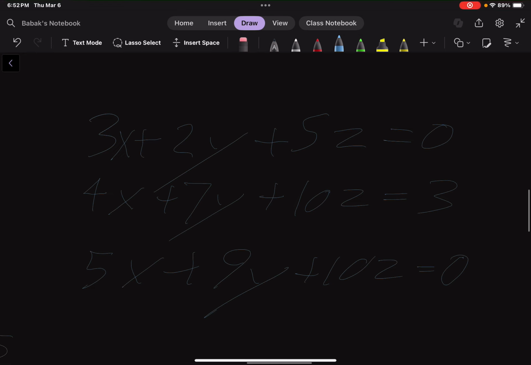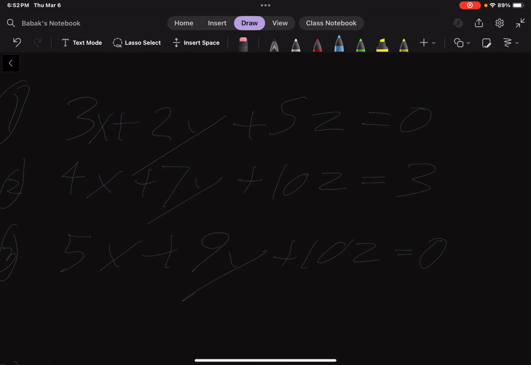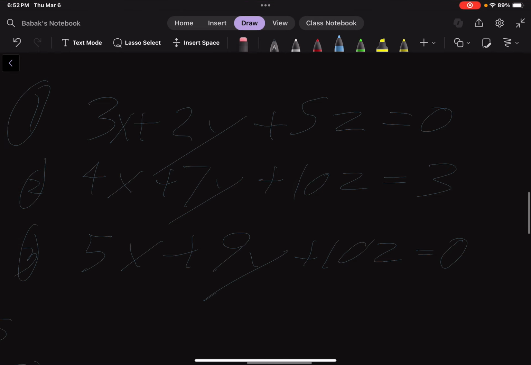Now, let's solve for this. We have equation 1, equation 2, equation 3. Just to make this easier, let's eliminate the z's, because equation 2 and equation 3 have the same coefficient, and equation 1 is a factor of the other two.